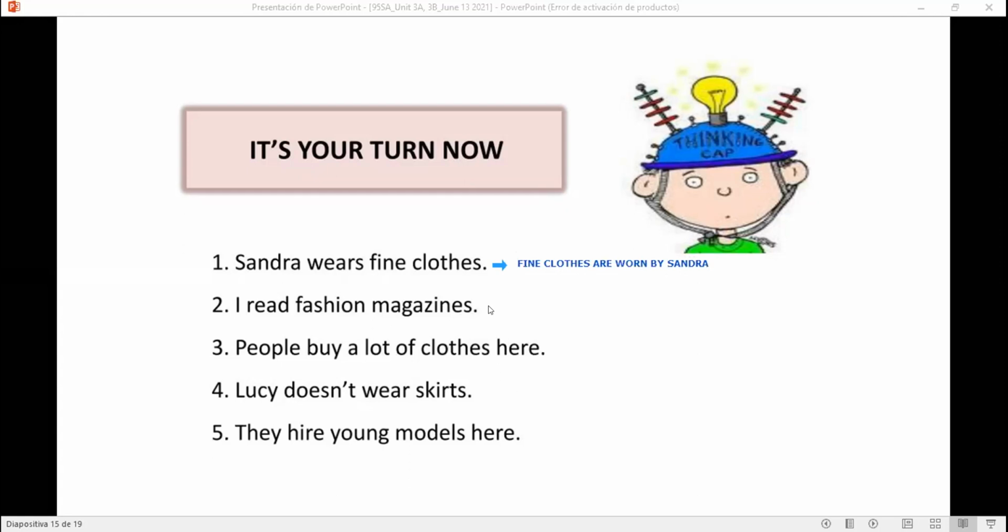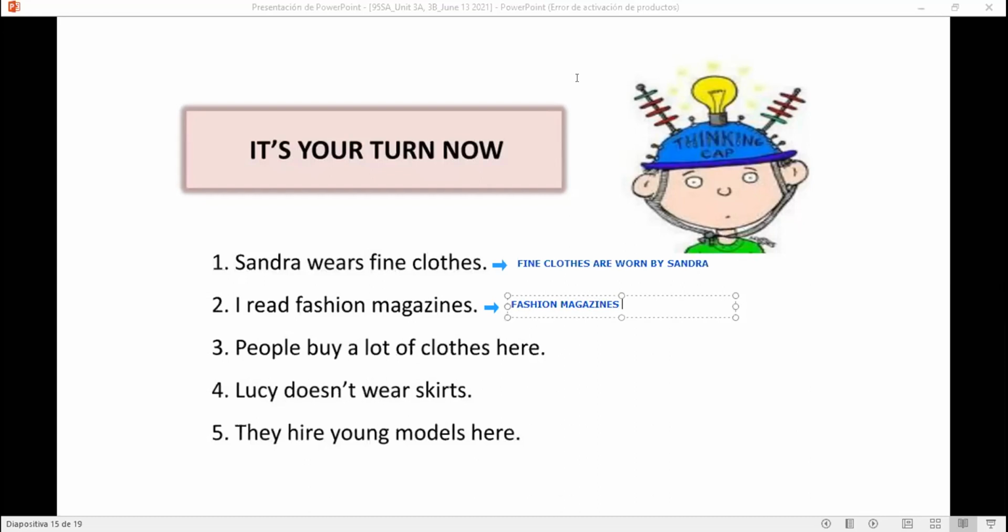I read fashion magazines. Teacher, sería fashion magazine is read by me. Plural teacher, magazine. ¿Por qué no utilizamos is y utilizamos are, Brian? ¿Qué va con are o con is, teacher? ¿Qué crees tú?